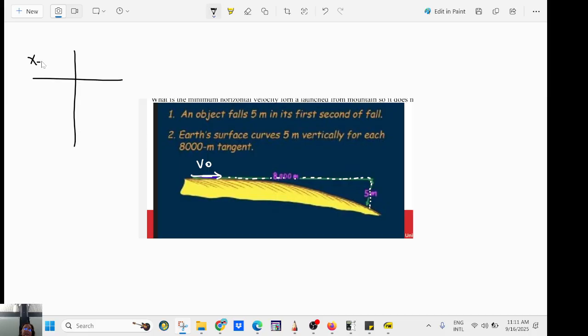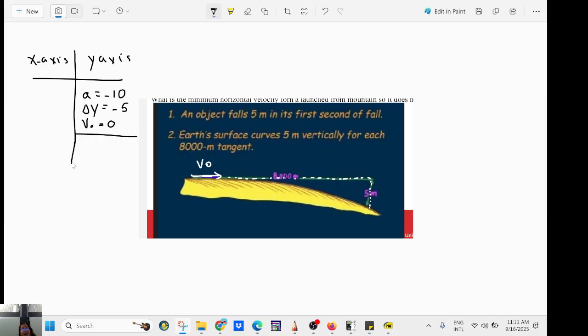So x axis, y axis. You want the projectile to fall at the same rate as the Earth. So the acceleration equals -10, the delta y equals -5, initial velocity equals 0.